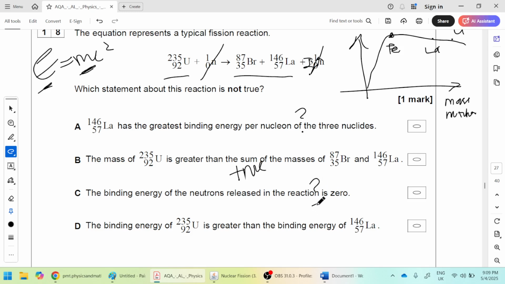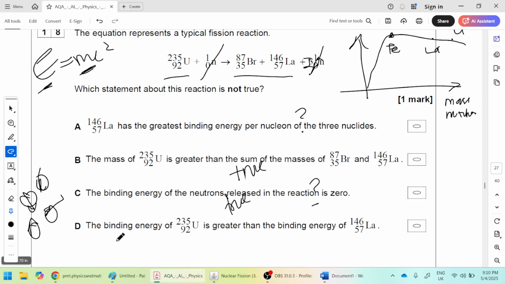My gut says it is zero, that it's true, because normally binding energy is when you take nucleons, that means neutrons and protons, and when you put them together, the whole structure becomes more stable, and when something becomes more stable, it releases energy, and that amount of energy released when you put nucleons together to make a nucleus is called binding energy.